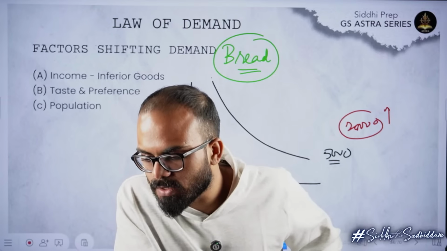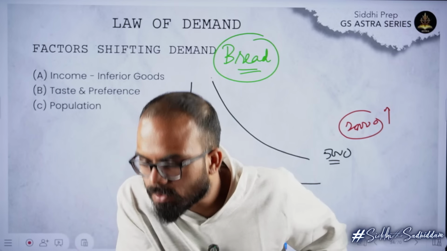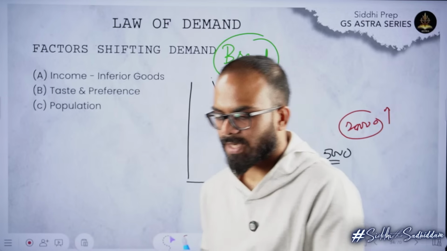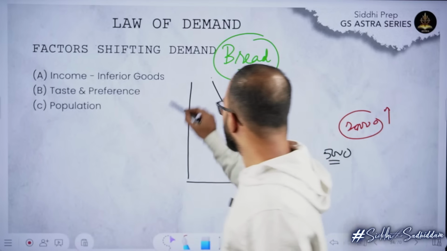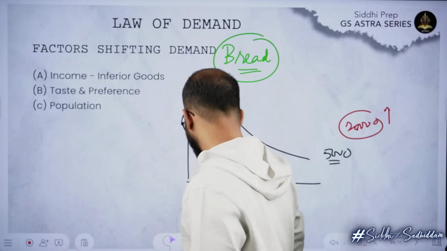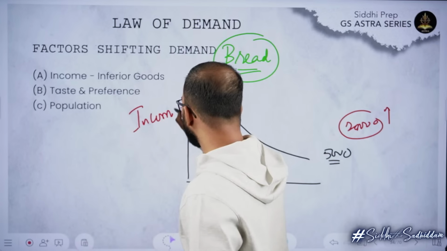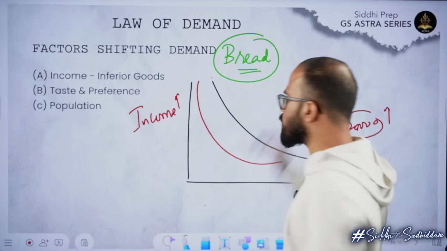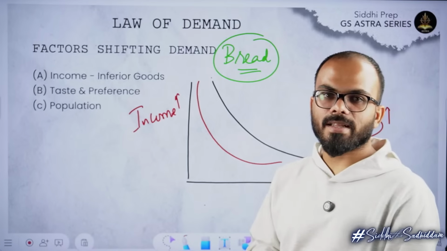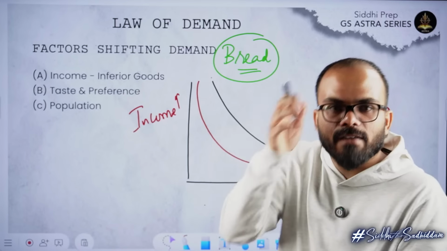Yes, people will go for multiple options. See, I am just using random figures. So there are chances where, when income increases in a society, the demand for the good falls down. There are certain goods where, when income of the society increases, demand will fall down.